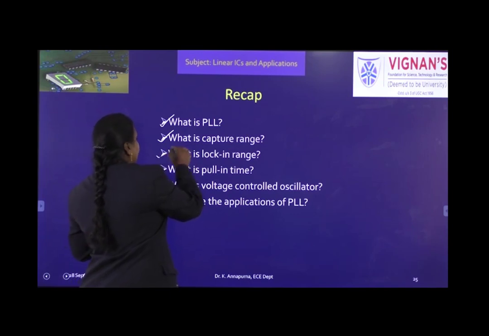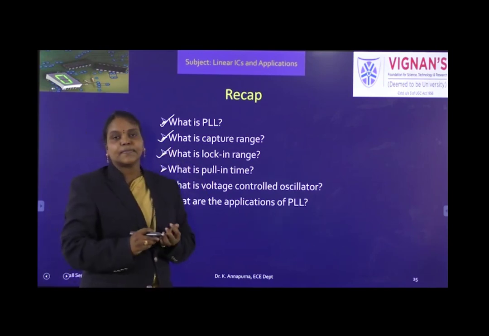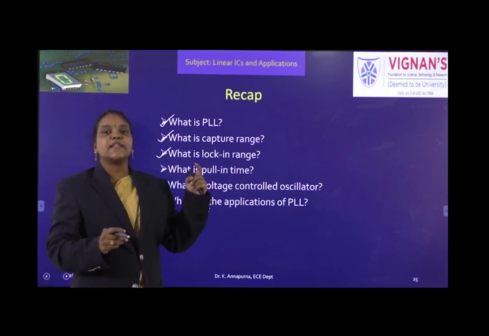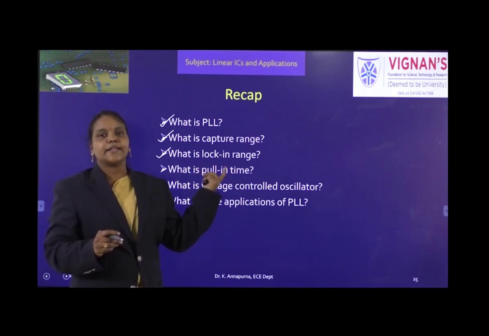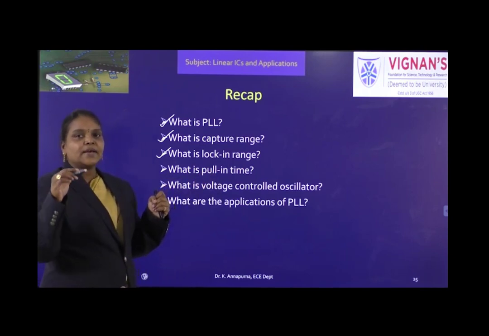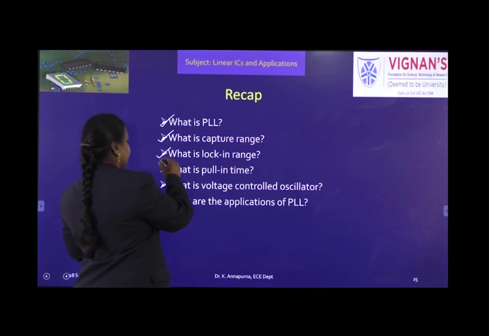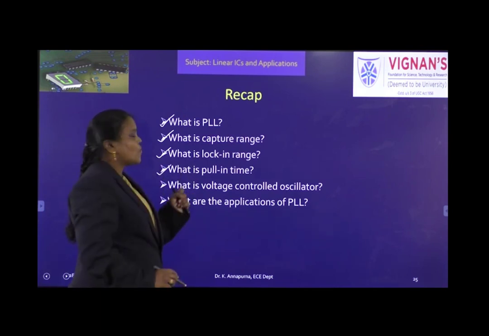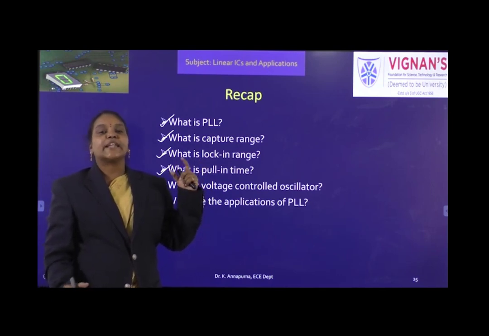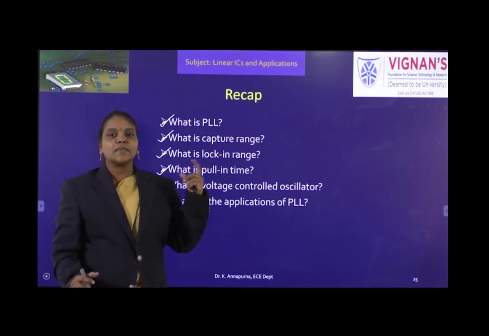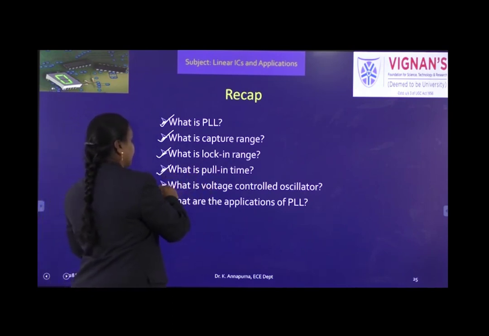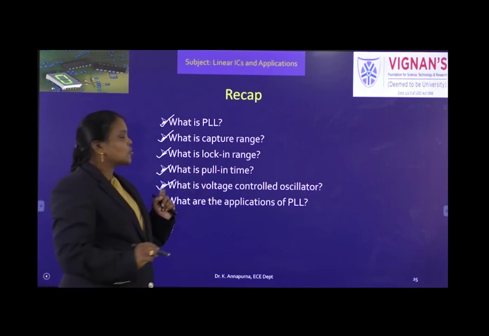And what is lock-in range? Lock-in range means the range of frequencies over which the PLL can maintain lock with the incoming signal frequencies. The lock range will always be greater than the capture range. And next, what is pulling time? Pulling time means the time taken by the PLL to establish the lock. What is a voltage controlled oscillator?